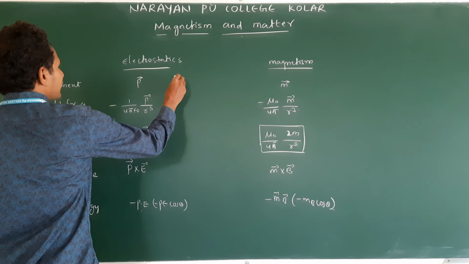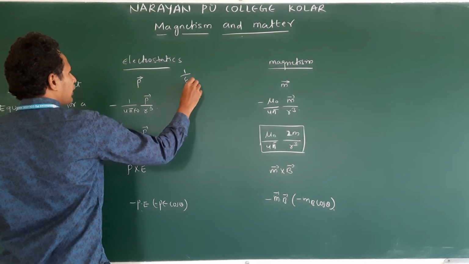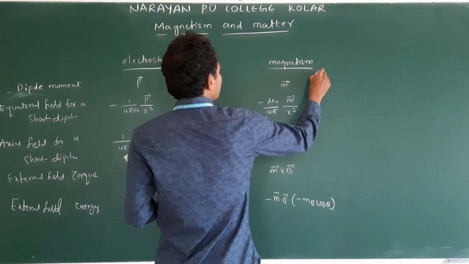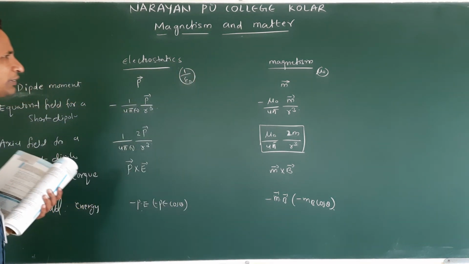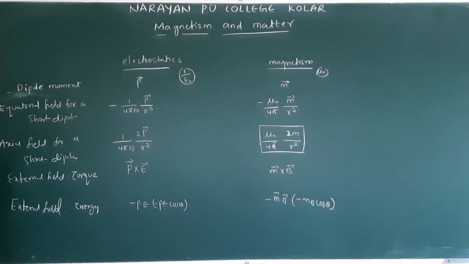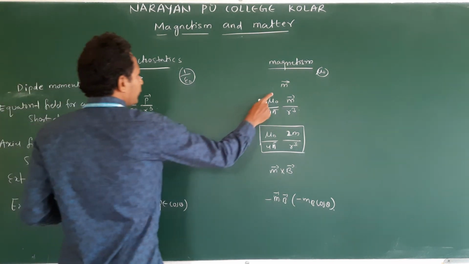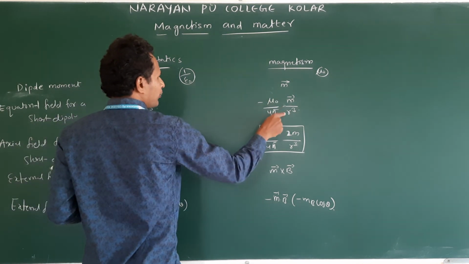What is the constant here in electrostatics? The constant term is 1 by epsilon naught, right? Here mu naught. So similar: P and M, 1 by 4 pi epsilon naught constant, here mu naught by 4 pi. P by r cube, dipole moment here, dipole moment.